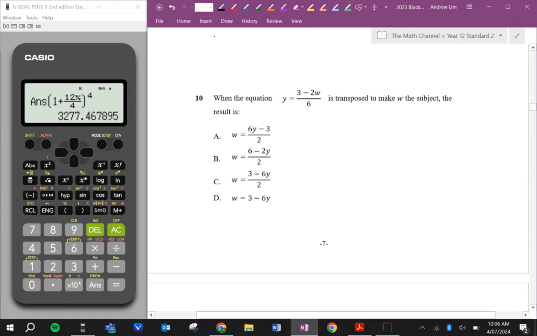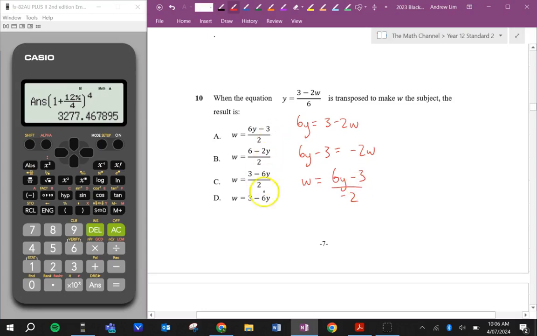When the equation y equals 3 minus 2w over 6 is transposed to make w the subject, the result is. So we want to make w by itself. So I'm first going to multiply by 6. I'm now going to subtract 3. And now I'm going to divide by negative 2. So w will equal 6y minus 3 over negative 2.